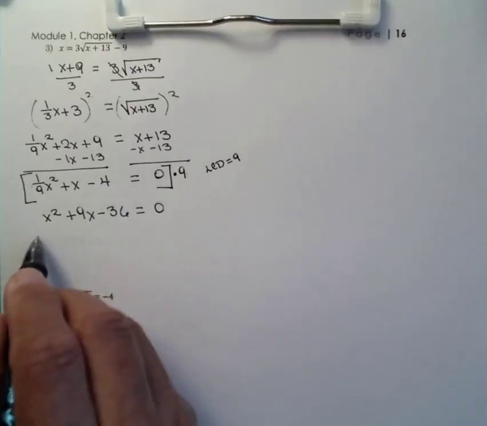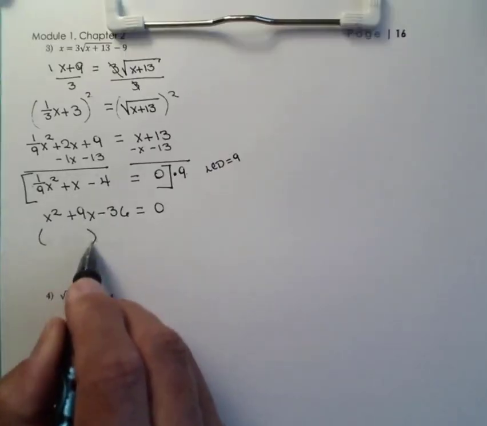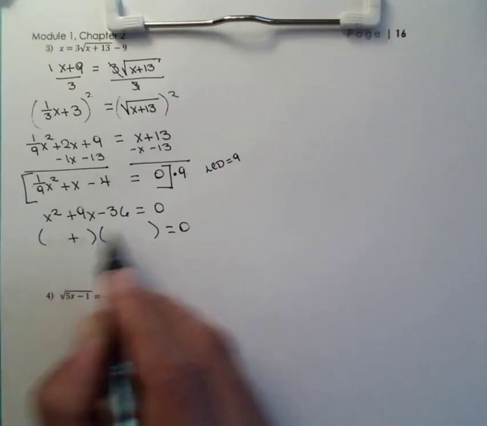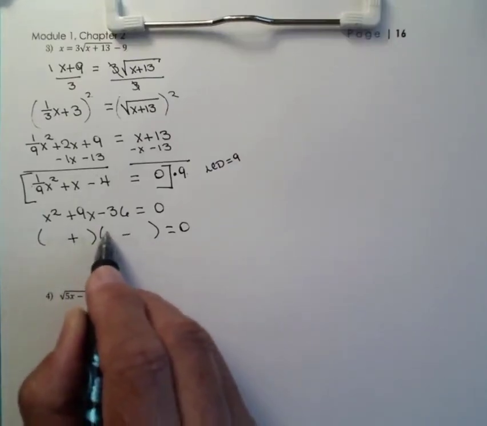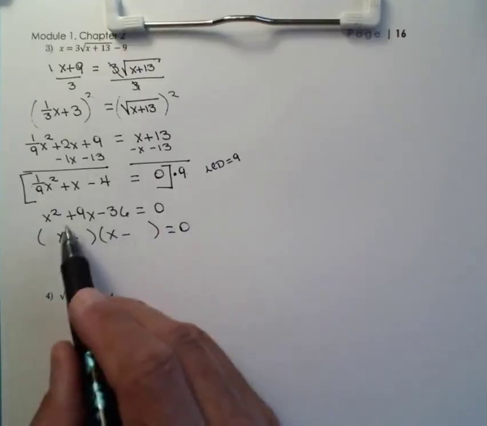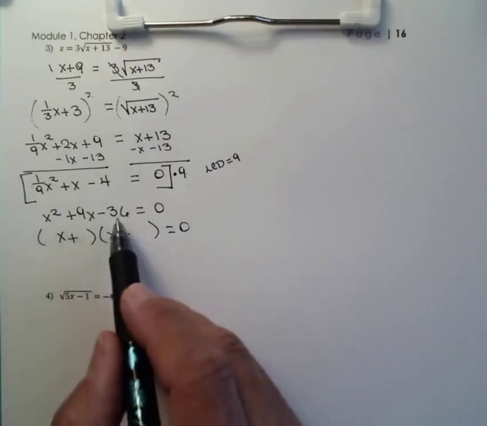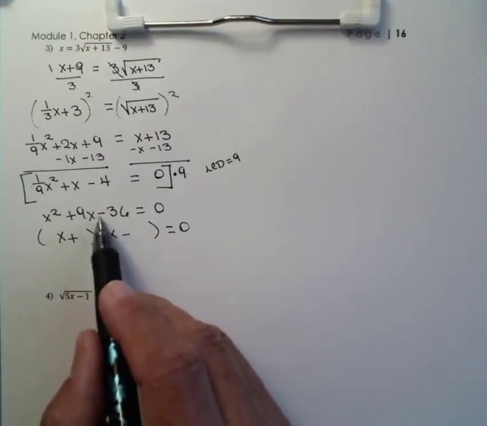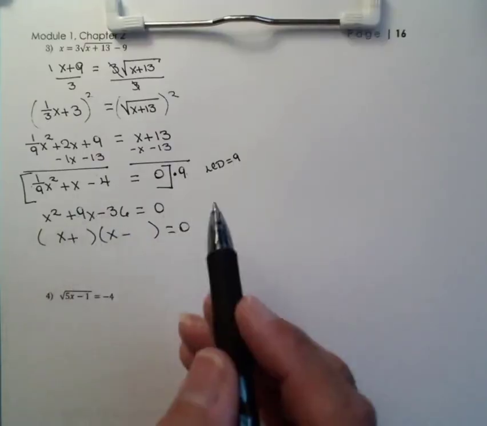So all I have to do now is say, does it factor? Negative says one of each sign. I've got an x as the first term. This is a simple trinomial, so I can shortcut it. I'm looking for factors of -36 that will subtract to give me 9.